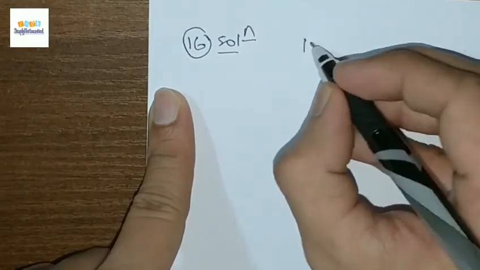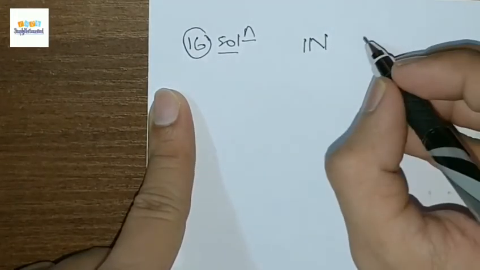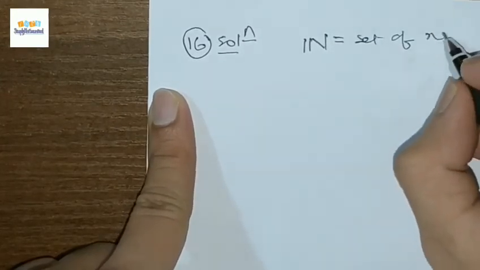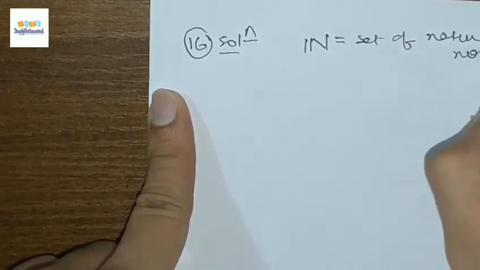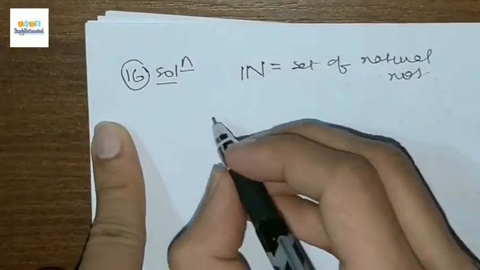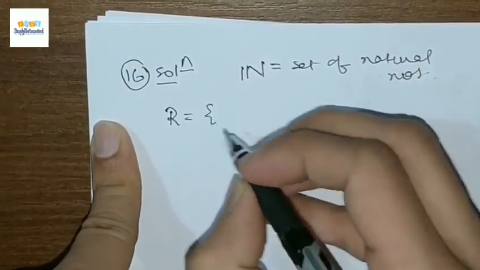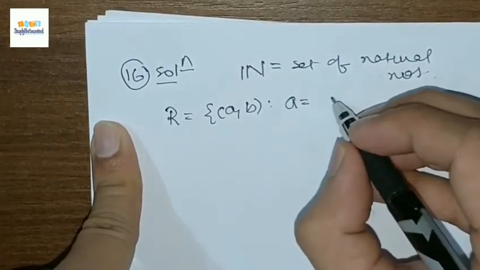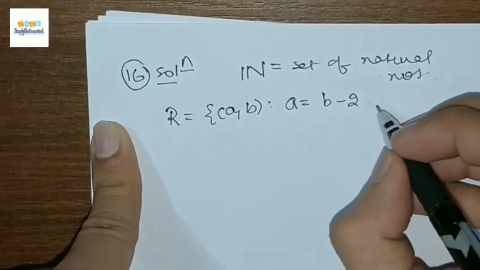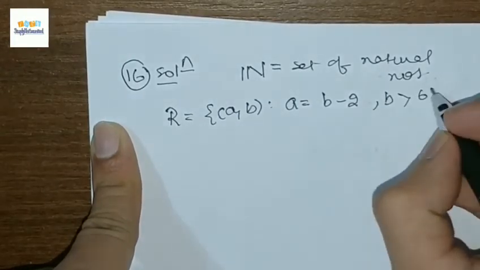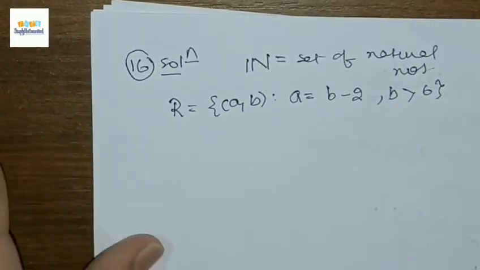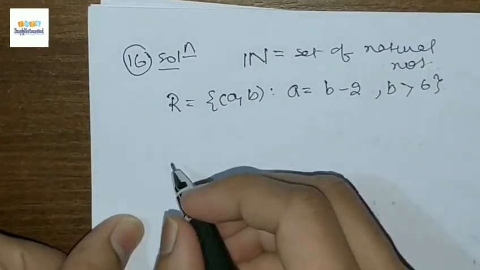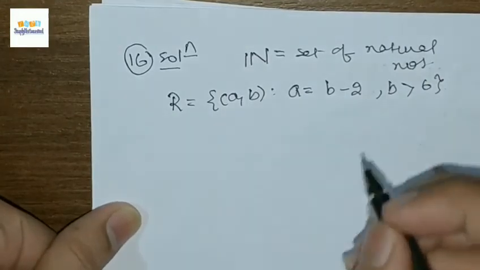You are given the set N, that is the set of natural numbers. The relation R is given to be (a, b) such that a is equal to b minus 2, b greater than 6. Now we will find these elements (a, b) which satisfy this condition.